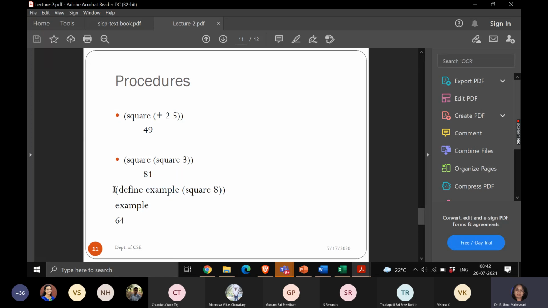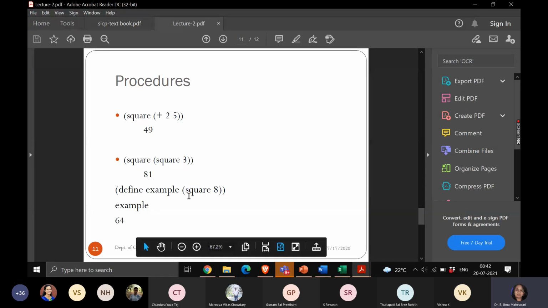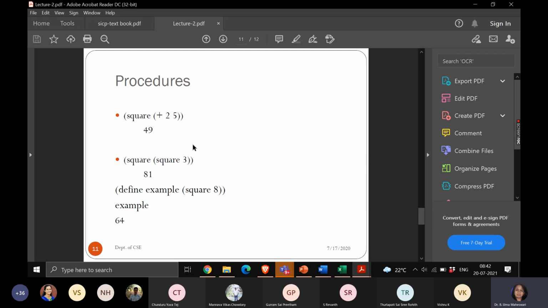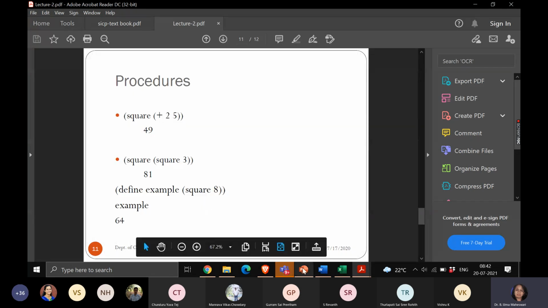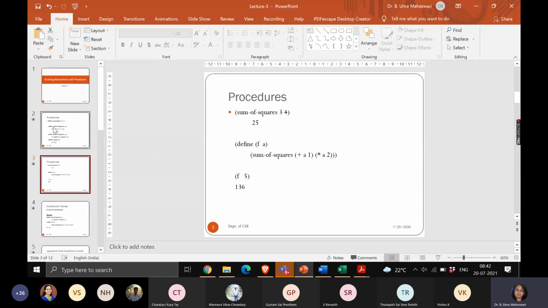If you look at this statement, define example square 8, the square looks like a primitive or built-in procedure. But once it is defined, in further usage the user may feel that square is built in. So these are a few examples of how to write procedures. Let us go further.